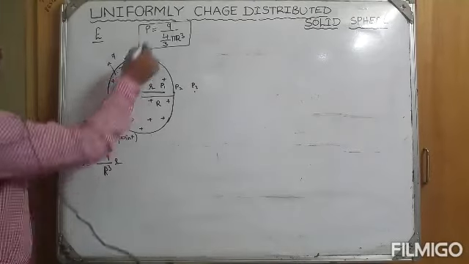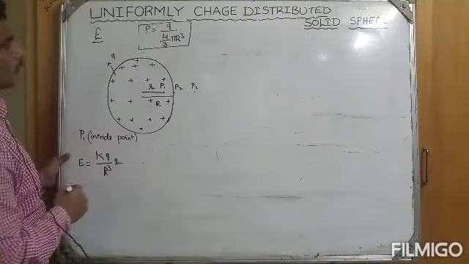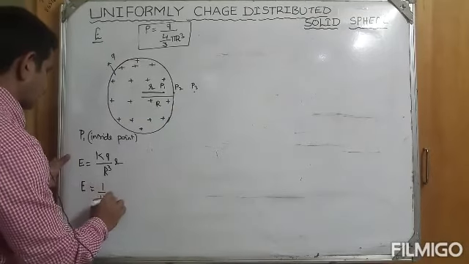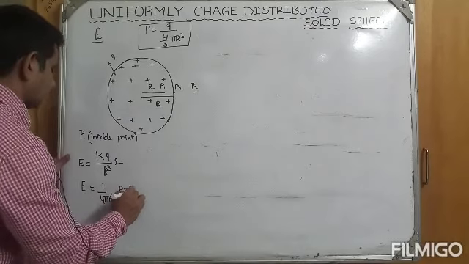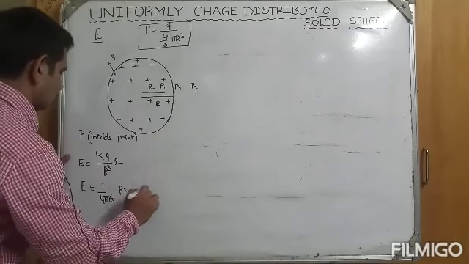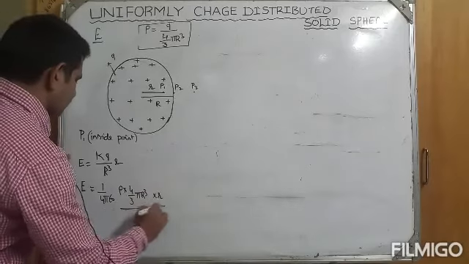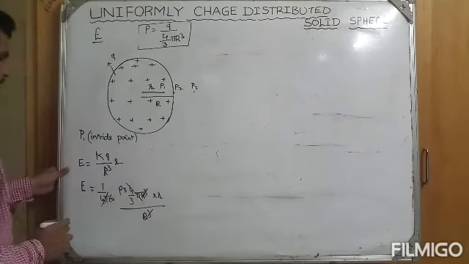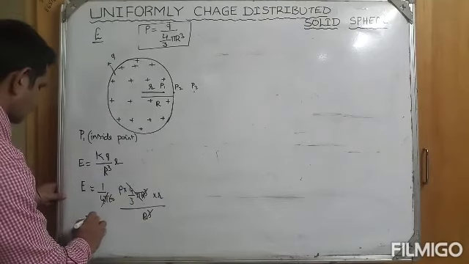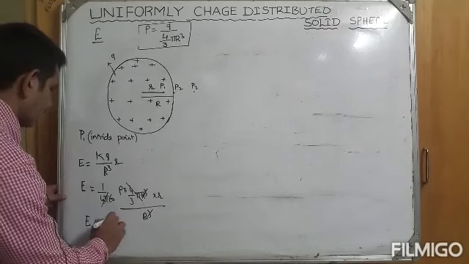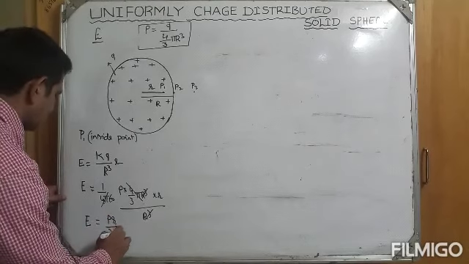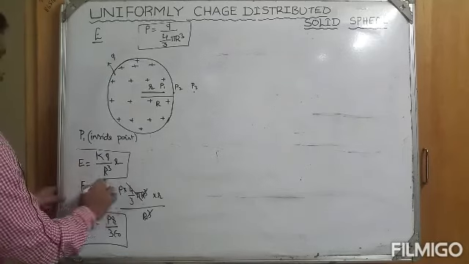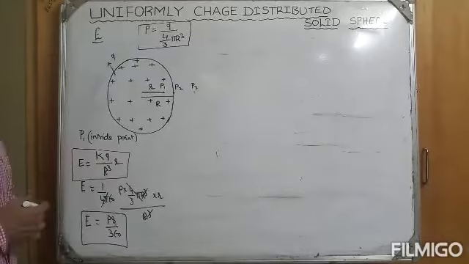If q is replaced with rho into 4 by 3 pi r cube, then rho into 4 by 3 pi r cube into small r by capital R cube. R cube cancels, 4 pi cancels. What is left? The electric field intensity is rho r by 3 epsilon naught. You have to remember either this one or this one, right?